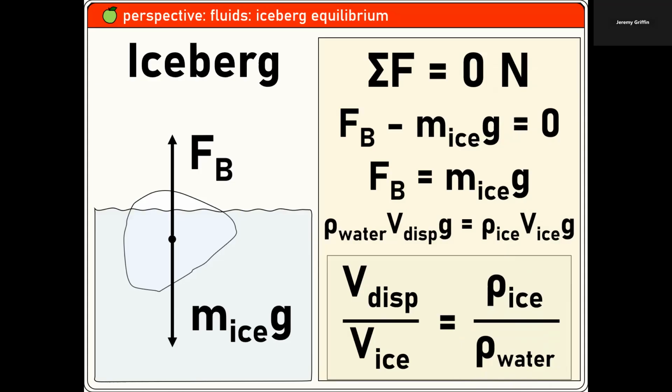The water has to be more dense, and the ice has to be less than it. So this displaced volume compared to the entire volume might be something like 0.9, for example. And the ratio of these densities could also reasonably be about 0.9. You guys see that? Same thing? So look for some version of that on the AP exam. I don't know exactly how they're going to ask it, but I bet you're going to get some cube floating or something.